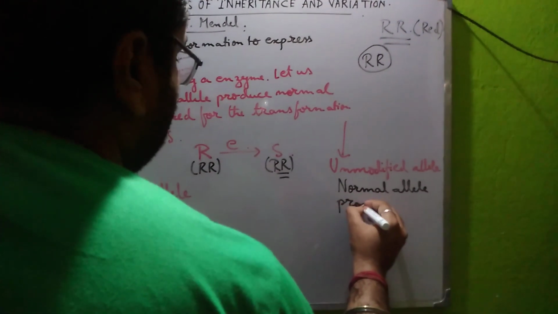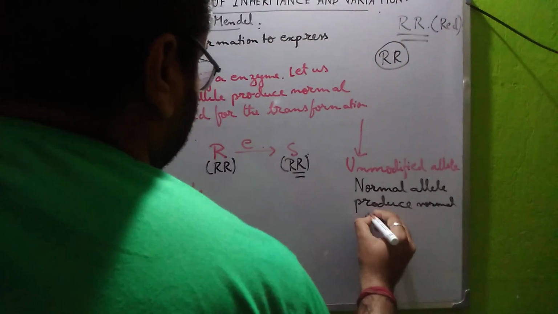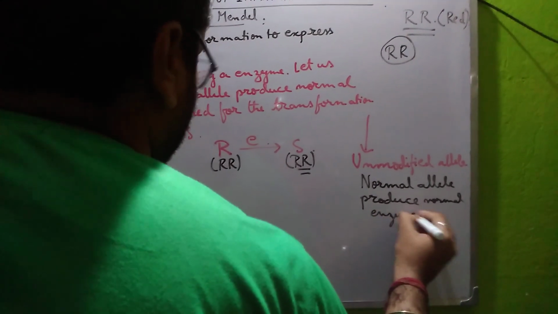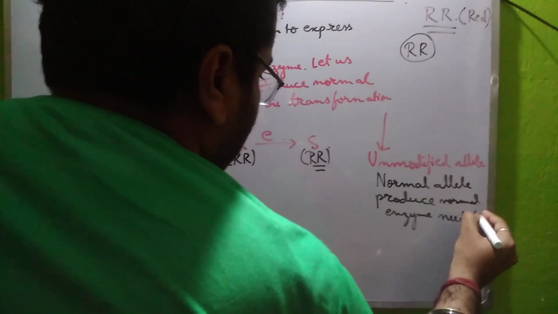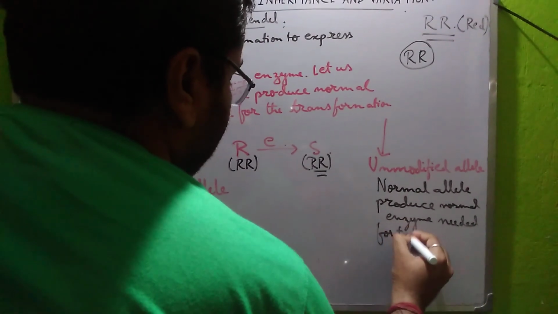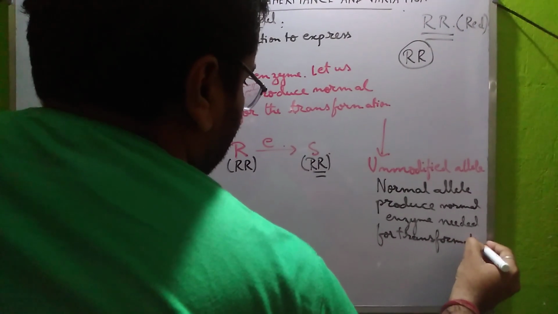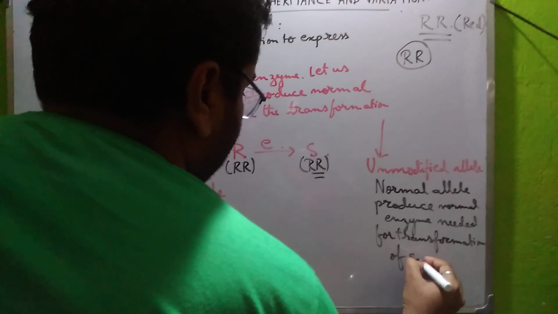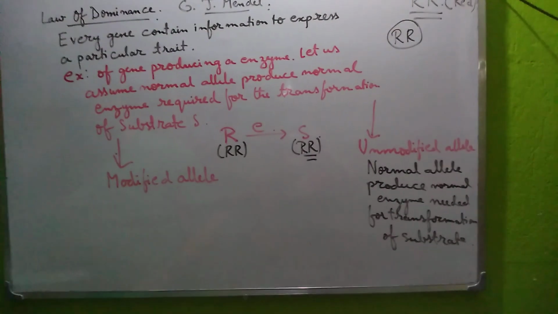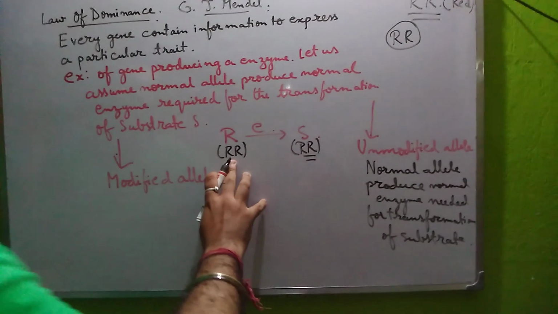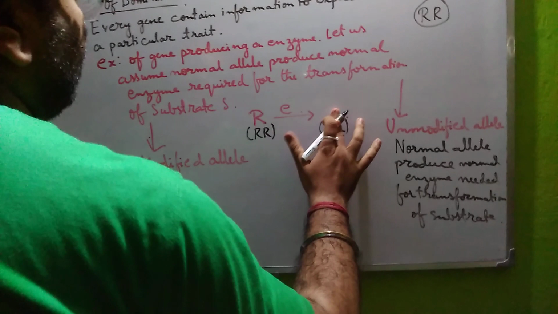Normal allele produces normal enzyme needed for transformation of substrate. Whereas a modified one means, suppose over here the reactant or whatever the substrate it was, it has changed into a product.